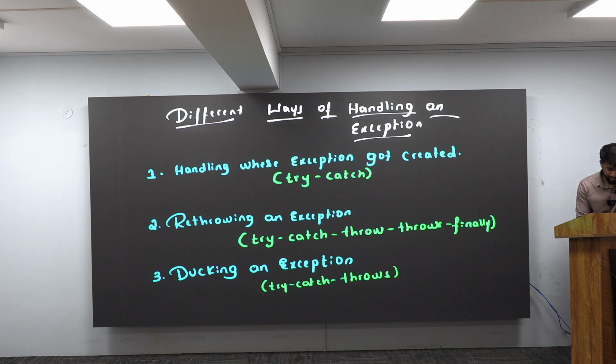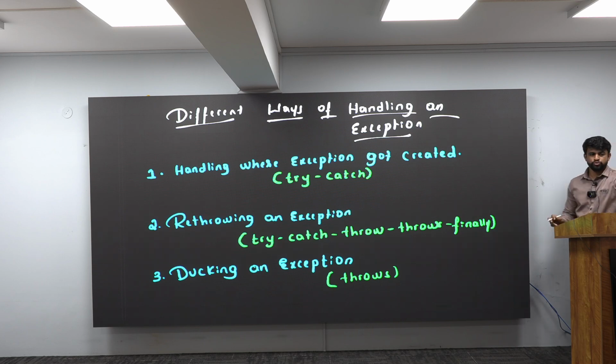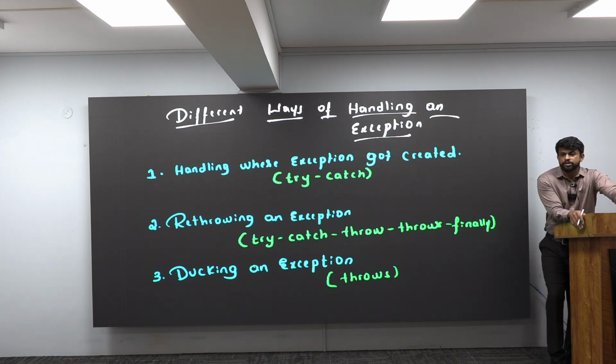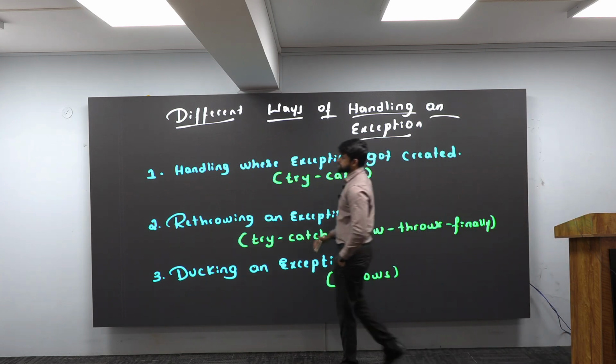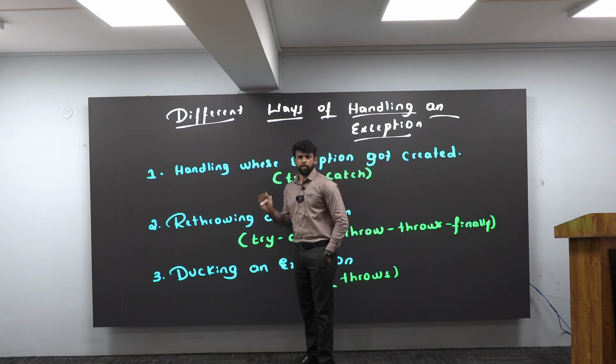Throws also. But if you look at the documentation of Oracle, they always tell that ducking an exception means throws only you should use. Great. So beautiful, these are the three ways to handle an exception. Let us see now one by one.